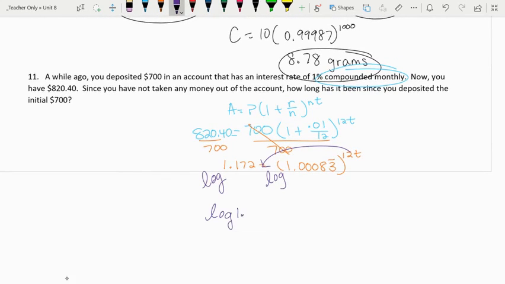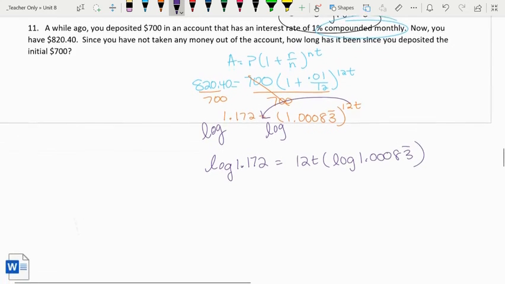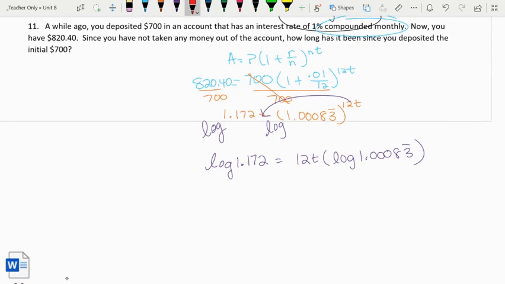We have log of 1.172 equals 12 times t times log of 1.00083 repeating. And again, if we want to solve for this, we can divide by 12 log of 1.00083 repeating on both sides.